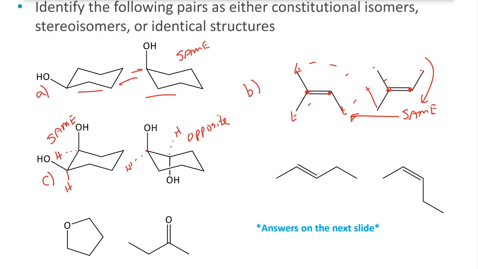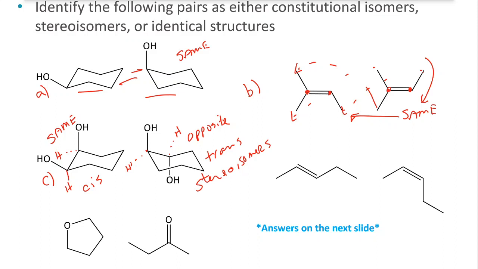So this one on the left is cis, and the one on the right is trans. So these are different. These are actually stereoisomers. They have the same connectivity, but different arrangements in space.